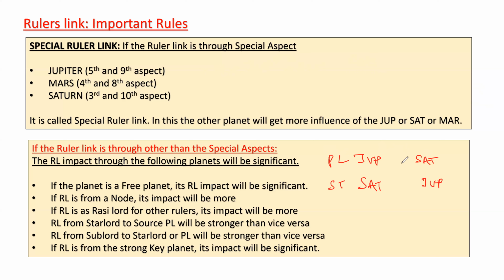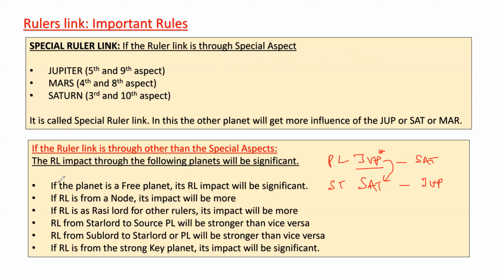So Jupiter will have Saturn in its supports and Saturn will have Jupiter in its supports. Suppose Jupiter is a free planet. It means no other planet is in the nakshatra of Jupiter. So Jupiter is having some self-potential. In that case, Jupiter's influence will be more. So the ruler link from Jupiter to Saturn will be stronger than Saturn to Jupiter. I hope you have understood.